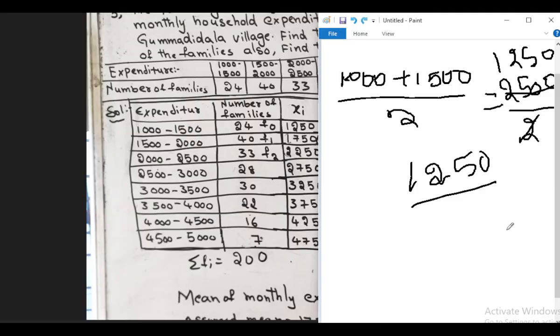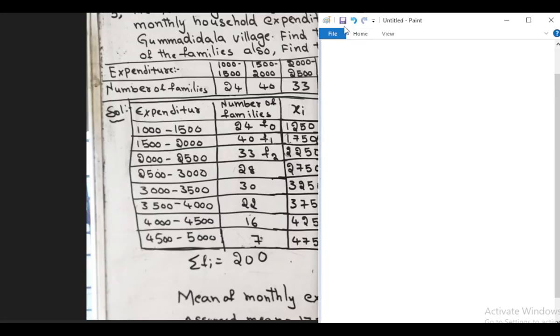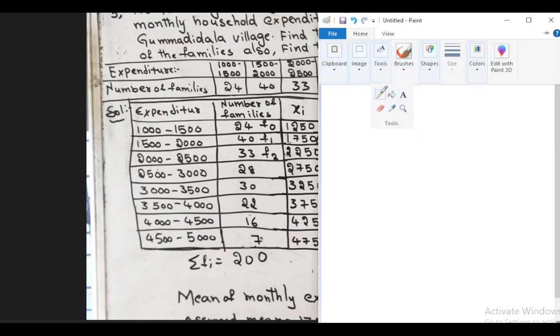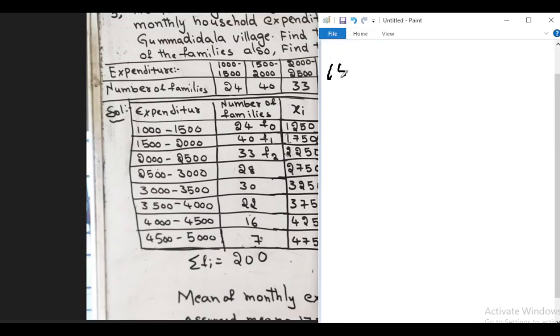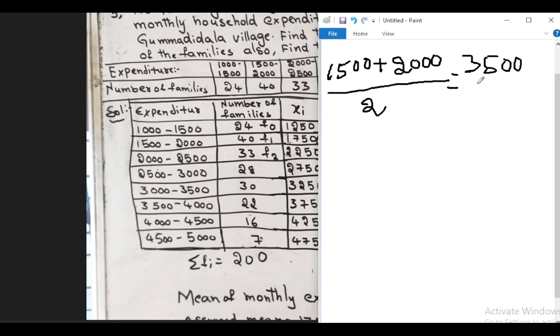Then go for the next one. For the next class, 1500 plus 2000 by 2, which is equal to 3500 by 2.